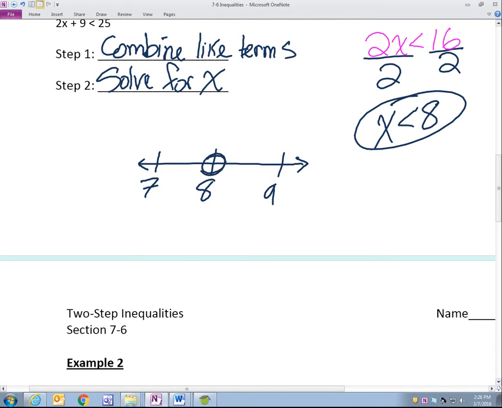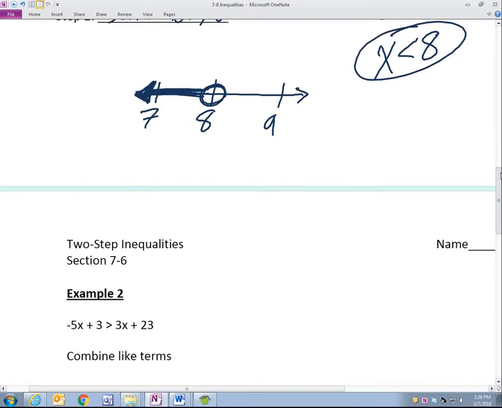It's open because it doesn't have less than or equal to. And since the variable is on the left side, I can use the trick of having the less than symbol tell me that's the side that's going to be colored in. So anything less than 8, not including 8.